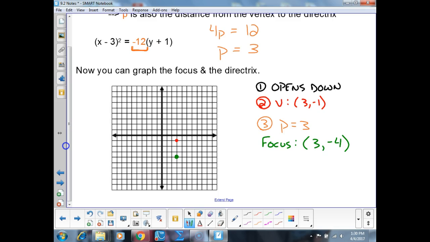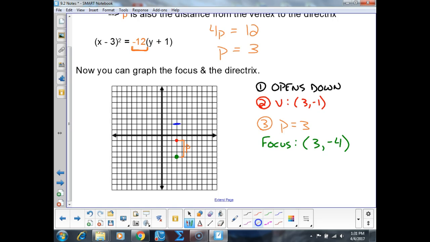Because this distance in here has to be p. I can also find my directrix, because the distance also has to be 1, 2, and 3.